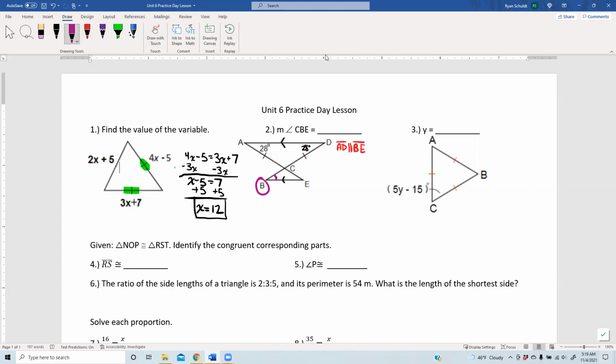If these are parallel, the angle I want, B, and the angle we figured out, D, what kind of angles are those? These are alternate interior angles.